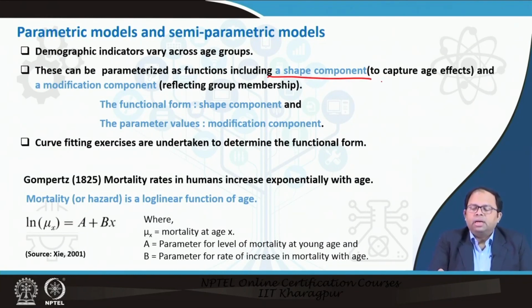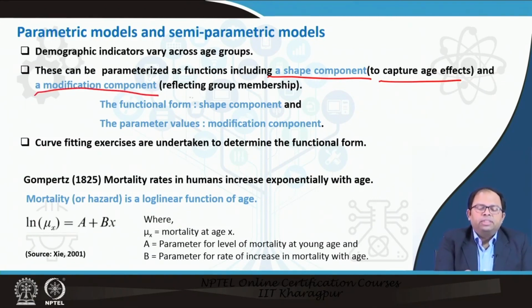And this captures the age effect. That means the higher the age, this function predicts accordingly. This function shows how the different age groups are related with this demographic indicator. Then there is a modification component in this equation, which reflects the group's membership.